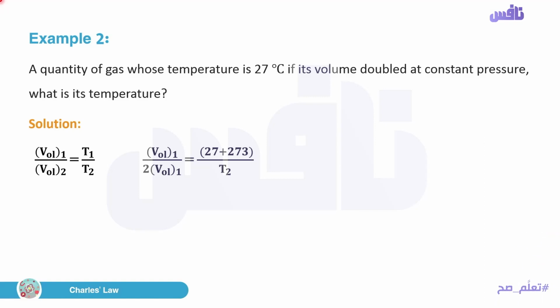So V1 over 2V1 equals 27 plus 273 over T2. Why? Because we must convert from Celsius to Kelvin. So the final temperature will be 600 Kelvin.